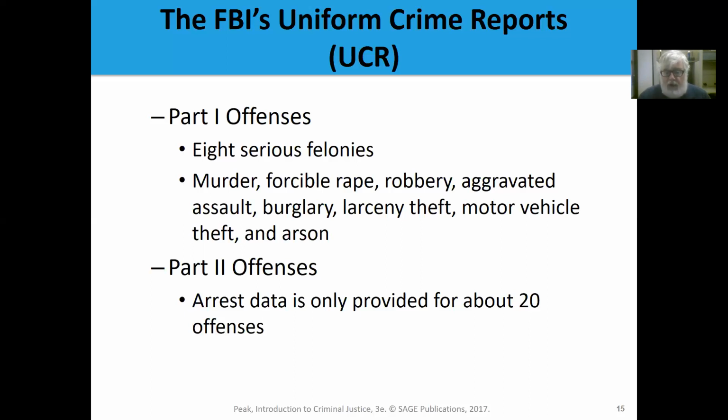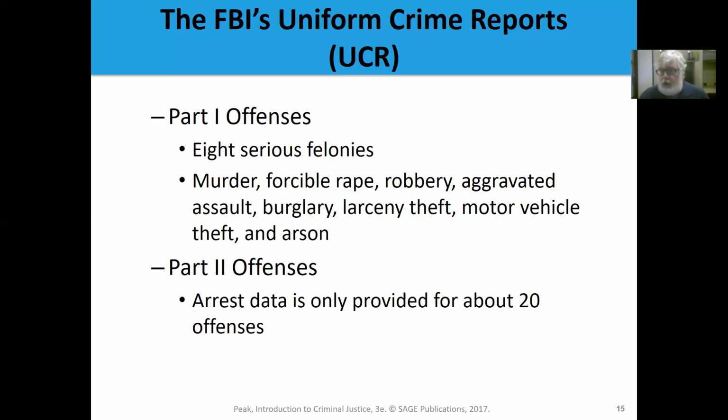All right, Part 2 offenses are a whole list of like 20 offenses where only arrest data counts. So they might be drug possession, prostitution, a whole host of other things where they only count them if somebody gets arrested. And you think about it, nobody reports a drug sale.